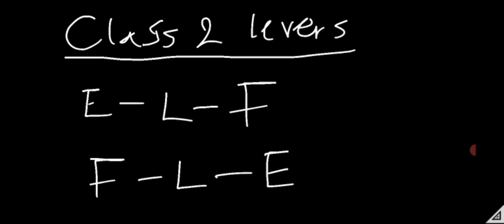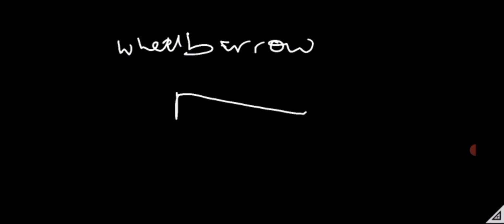Examples of this class 2 lever is your wheelbarrow. Your wheelbarrow is an example of class 2 levers. Now this is how your wheelbarrow looks like, right? This is the tire. And if you put a load here, this place will be the load.